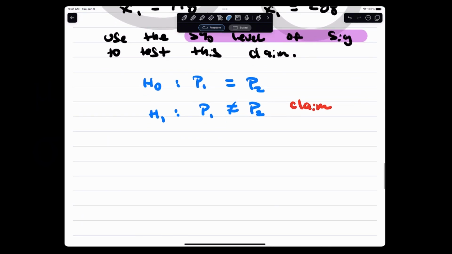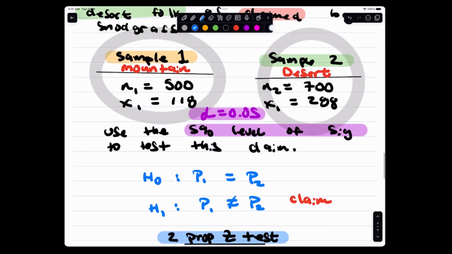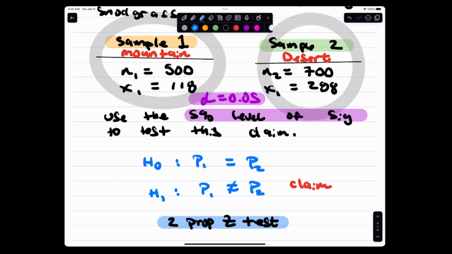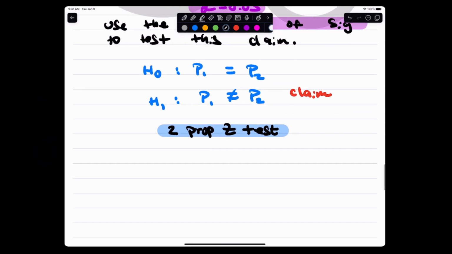What test do you guys use? 2 proportion z-test. All right, you guys ready to use the modern method? What do we have to do with the modern method? You guys remember? We have to see, is the p-value smaller than the level of significance? Is p less than alpha?